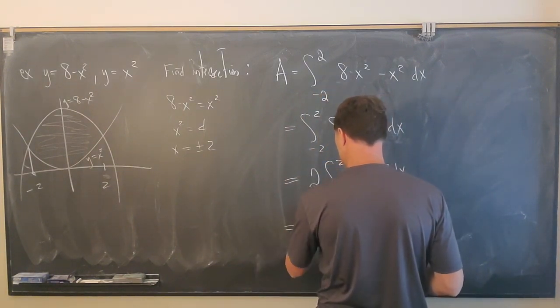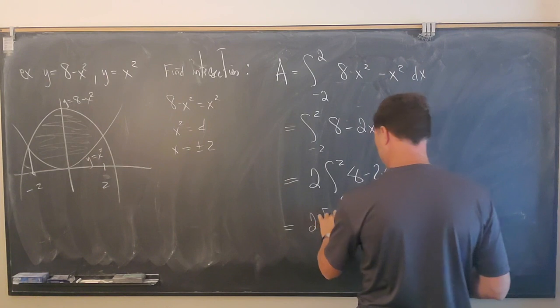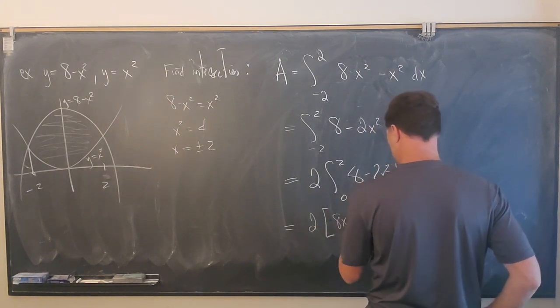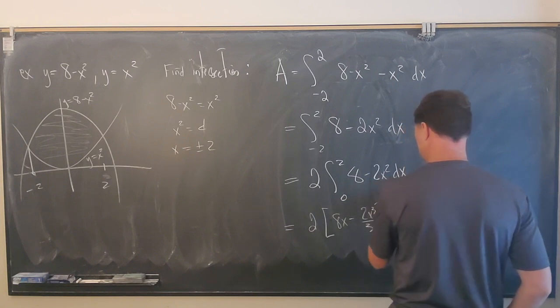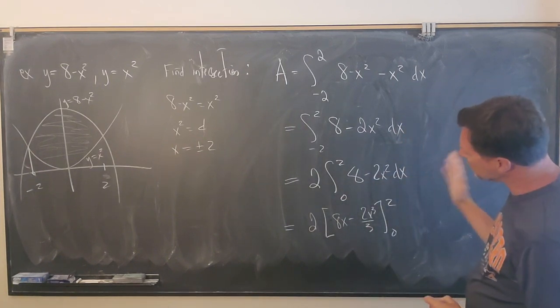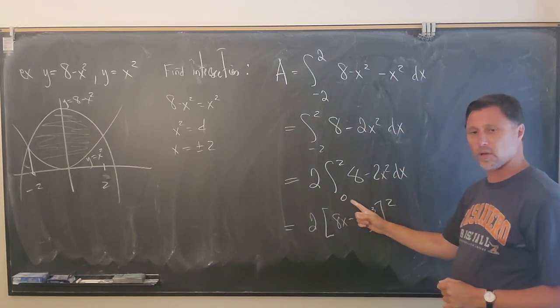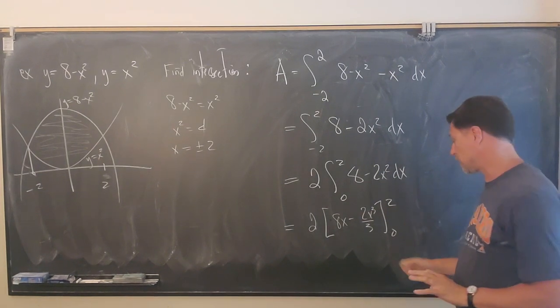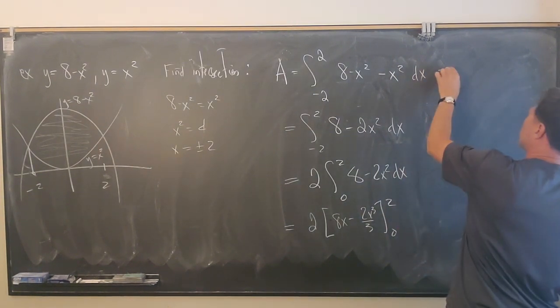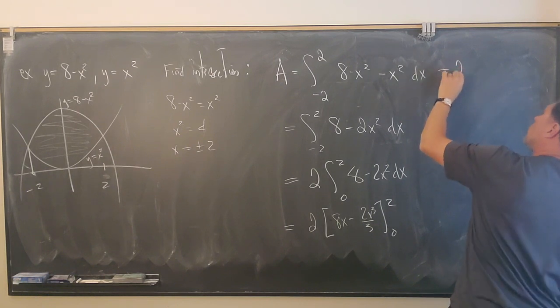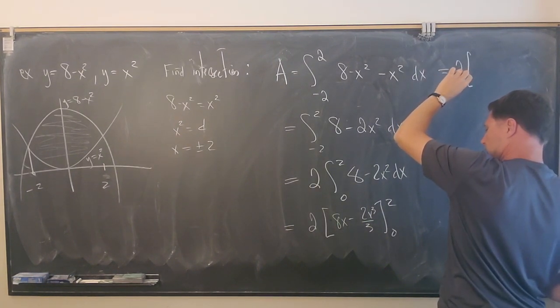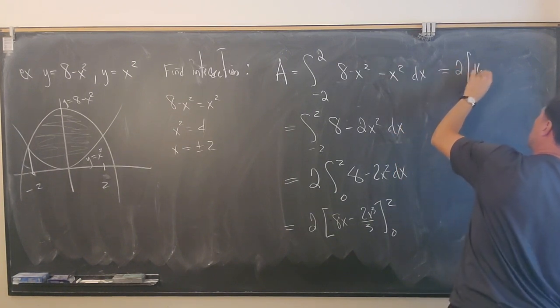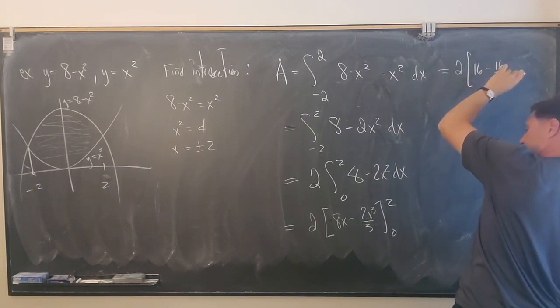So this is 2 times, and now we will have 8x minus 2x cubed over 3, and we go from 0 to 2. The reason for making use of symmetry, that 0 is what makes the computation easier. Right? It gets rid of some subtraction that you'd have to deal with. 2 times, I'm going to plug in my upper limit. That's 16 minus 16 thirds, right?